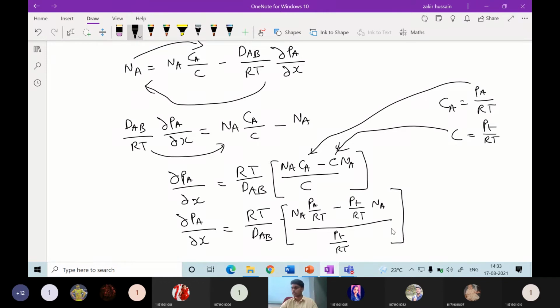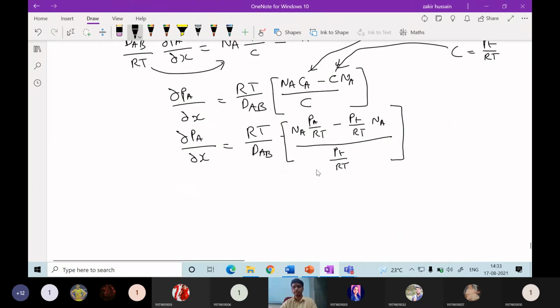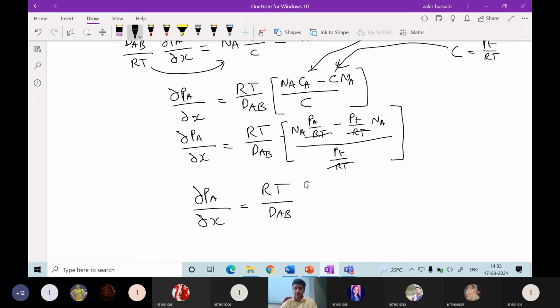In order to convert all the concentrations to terms of pressure, we can take RT common, and after taking common we can cancel out these RTs. So dou PA by dou X is equal to RT by DAB into the terms NA into PA minus PT into NA, divided by PT.